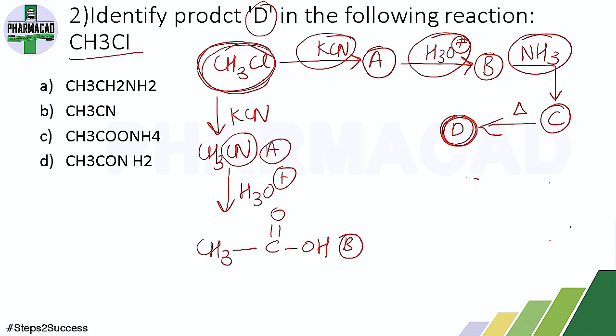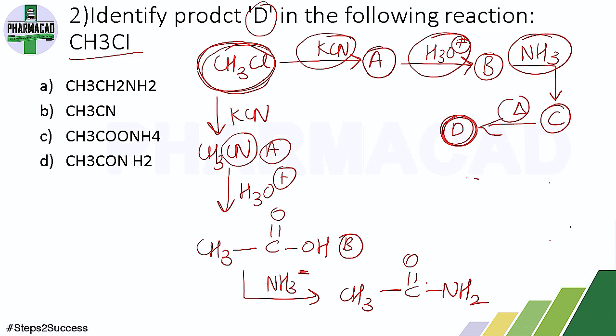Then B is treated with ammonia. What will happen when it is treated with ammonia? It will get converted into CH3, C double bond O, NH2. Okay. And after heating we are getting D, but normal heating does not degrade amide.